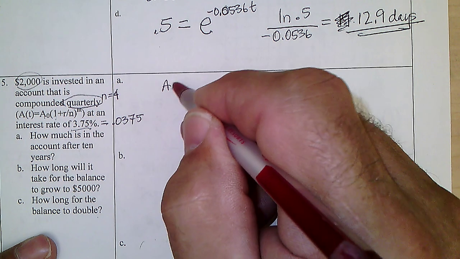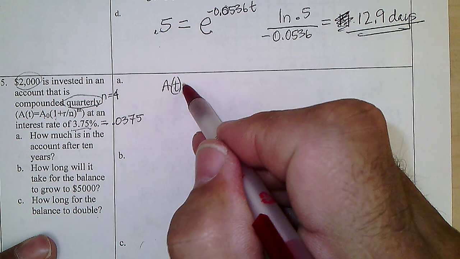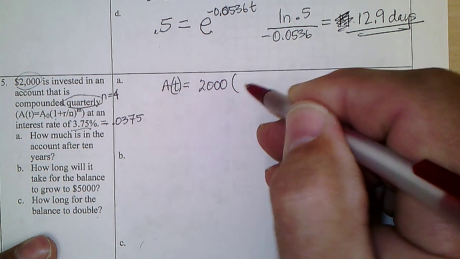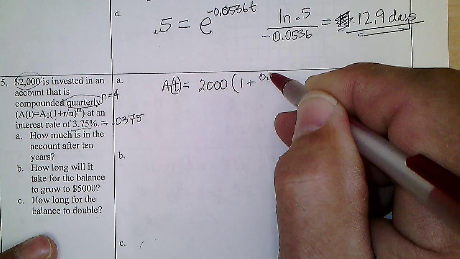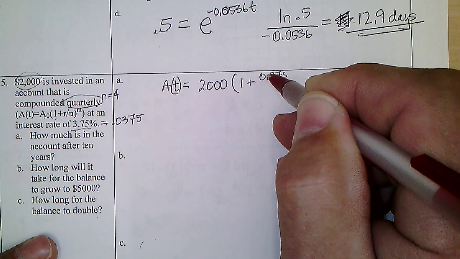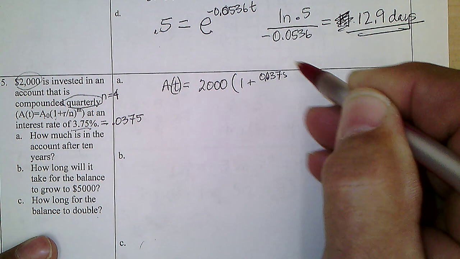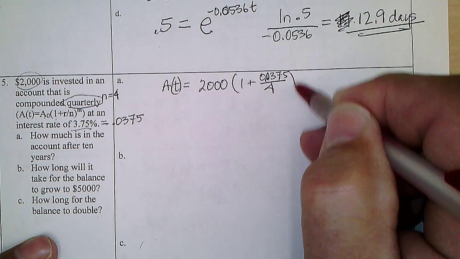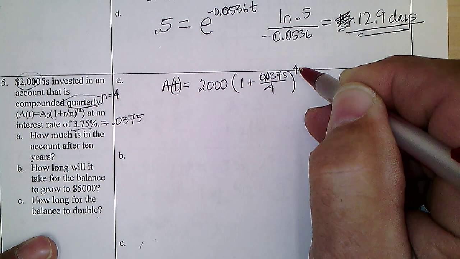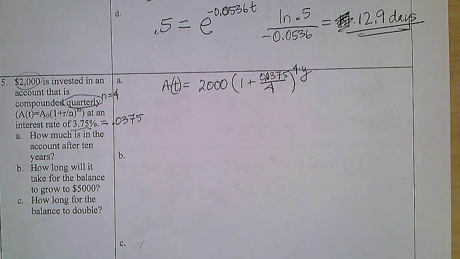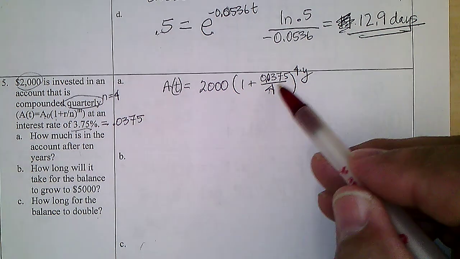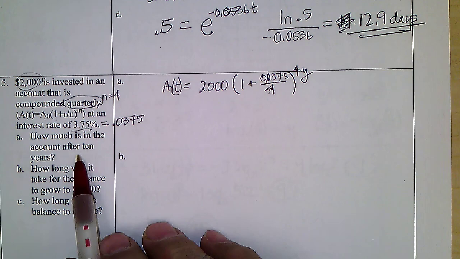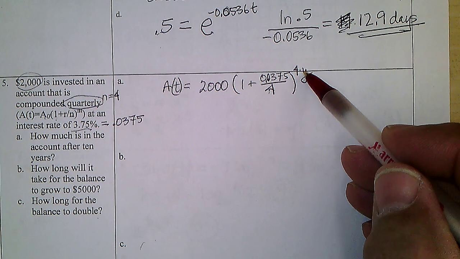The amount after some time later is going to be 2,000 times 1 plus 0.0375 divided by 4 for 4 times a year, to the 4 times the number of years. These match, and it's how many times in a year. So they want us to figure this out after 10 years, so I put 10 in for the y and work this out.